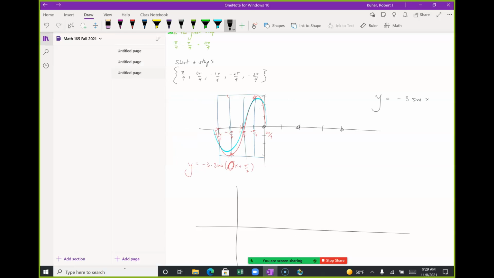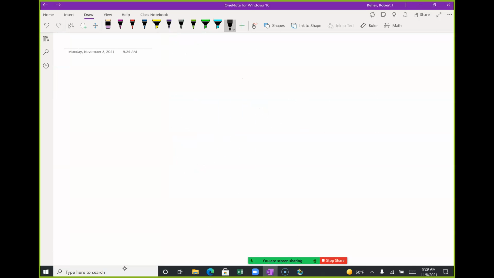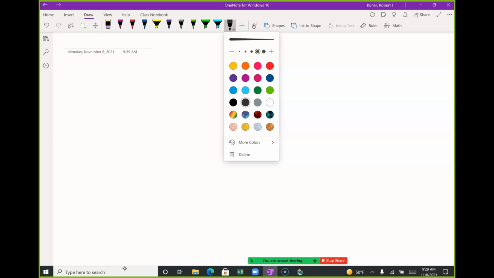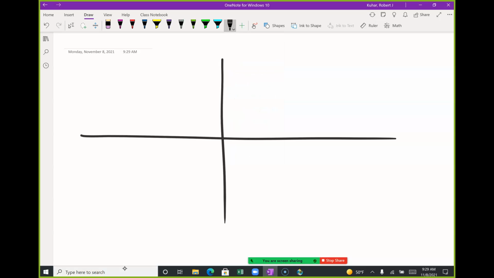Let me do a brand new page. Let me show all the way to 2 pi, all the way to minus 2 pi, right? And I know I'm starting at minus pi over 4 and ending here.